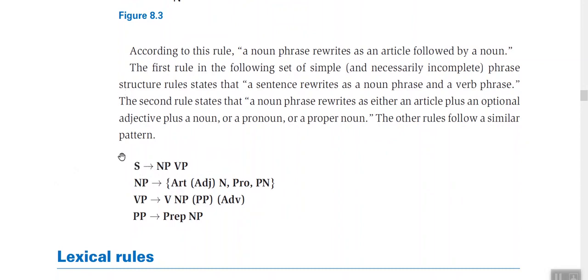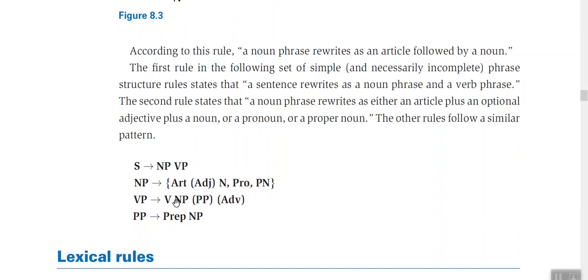This is the summary for the whole paragraphs. In a sentence we have a noun phrase and a verb phrase. A noun phrase consists of an article, and sometimes we find an optional adjective, then a noun, pronoun, or proper noun.